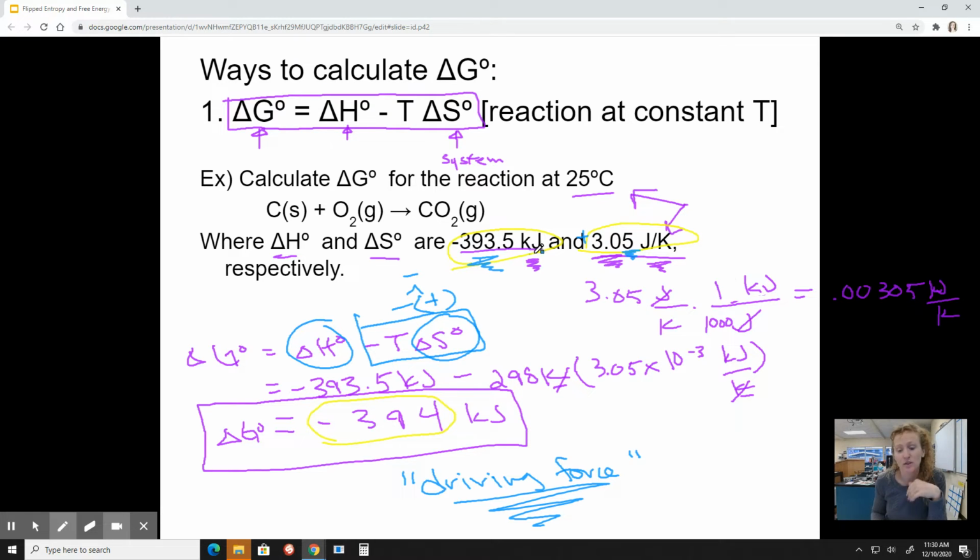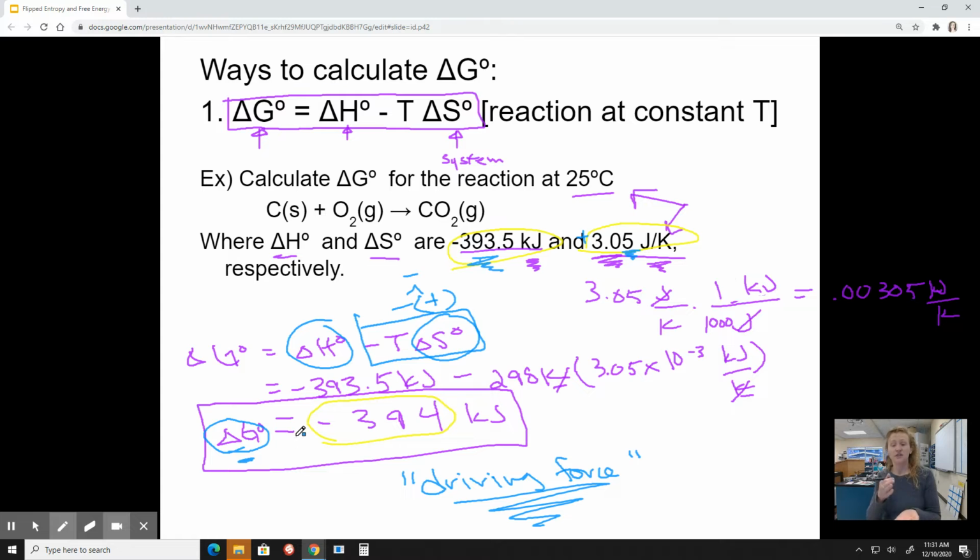So if they asked you what the driving force for this reaction would be, the answer would be it's both. Both enthalpy and entropy are influencing free energy in the negative direction, which is the spontaneous direction. So they're both driving forces since our delta G ended up being negative.